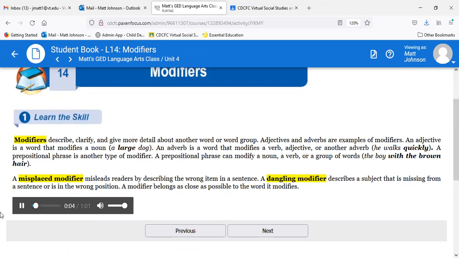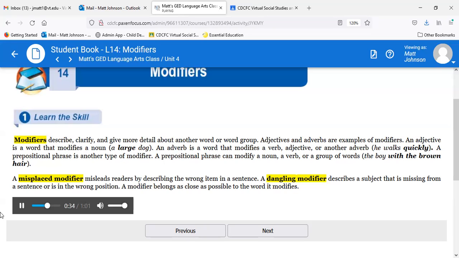Modifiers describe, clarify, and give more detail about another word or word group. Adjectives and adverbs are examples of modifiers. An adjective is a word that modifies a noun: a large dog. An adverb is a word that modifies a verb, adjective, or another adverb: he walks quickly. A prepositional phrase is another type of modifier.